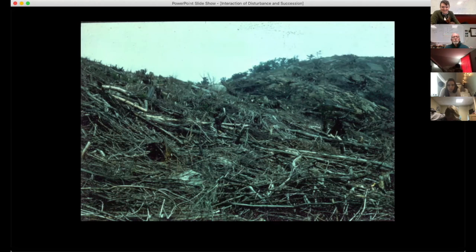Just like Dr. Judge showed you a photo chronosequence, a series of photos taken at the same place over time, they also did this in the watersheds at Hubbard Brook. It's hard to see because it's a black and white photo, but there's a stake right there. It turns out it's a red stake, so I just superimposed a red line on top of it. They're going to take photos of this environment right here.